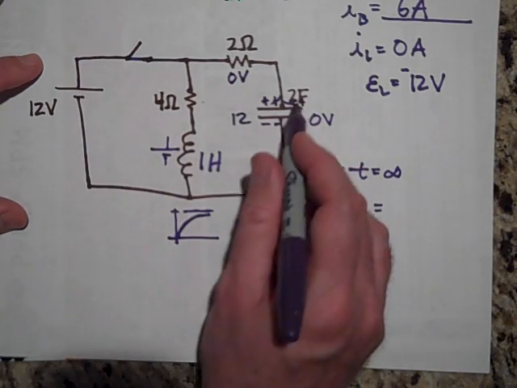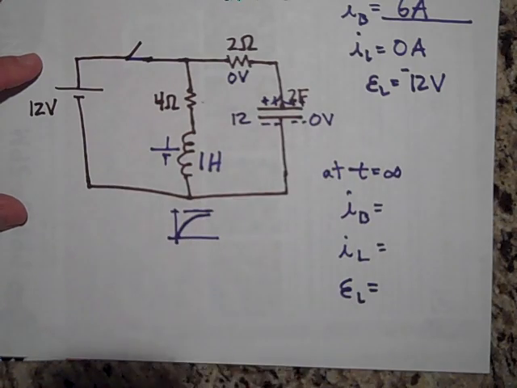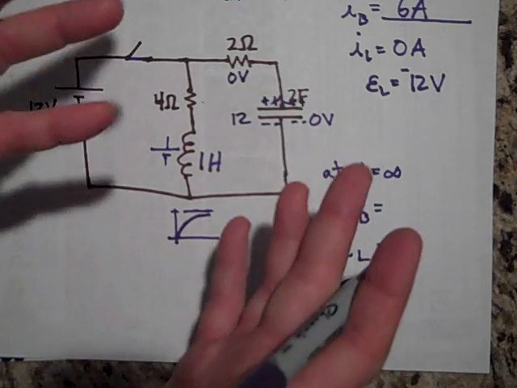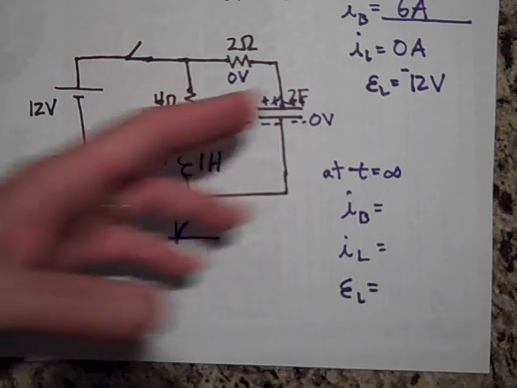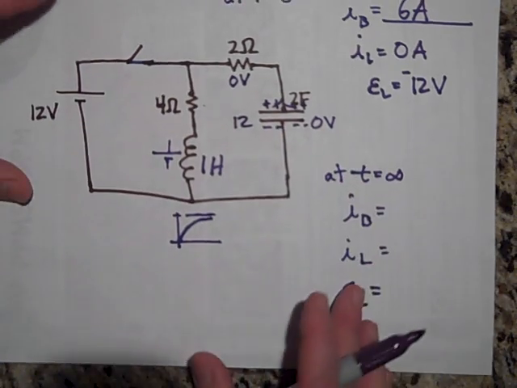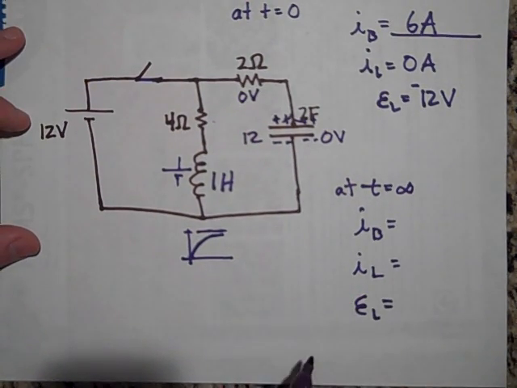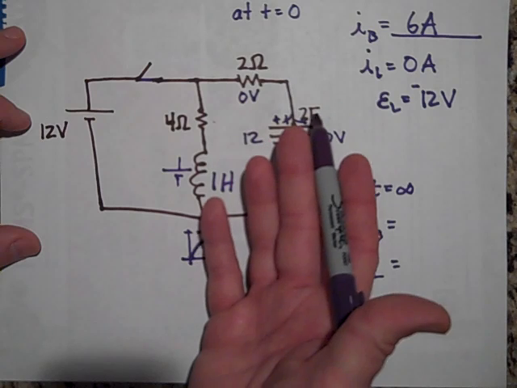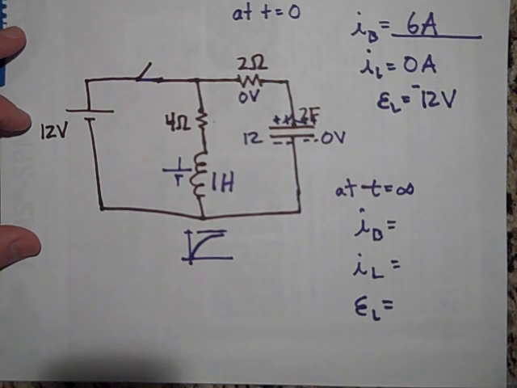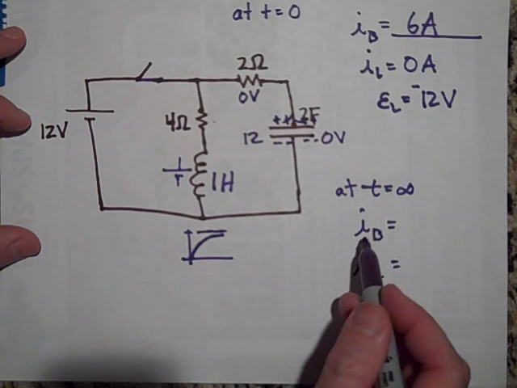In fact, I could tell you the charge. I should have asked the charge on here. The charge is going to be 24 coulombs. I'm using huge numbers here. These numbers don't normally get this big. I'm just making it easy to use. You don't normally get a 2 farad capacitor. That's a huge capacitor.